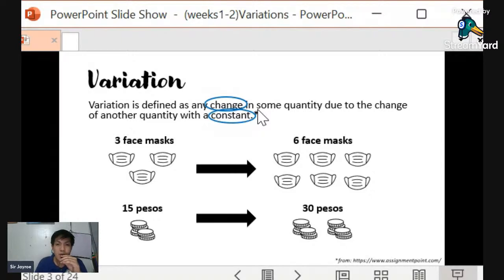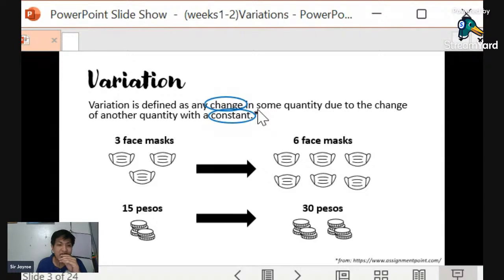Ngayon, nasaan dito yung tinatawag nating constant? Okay? Marami nagbago. From 3 face masks, it became 6 face masks. And of course, nagbago yung price, it became 30 pesos. Variation happened. Ngayon, pag sinabi natin constant, hindi nagbabago. So in this scenario, ano ang hindi nagbago dyan?